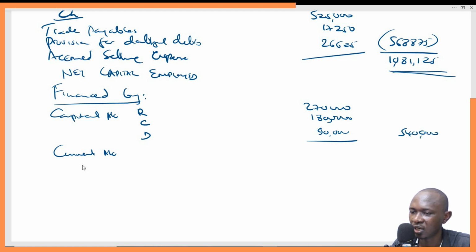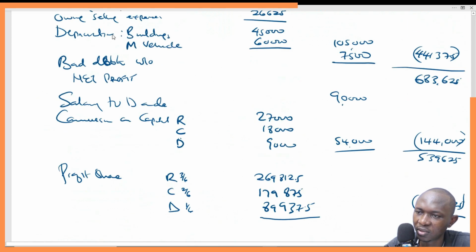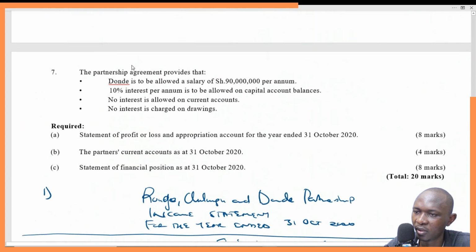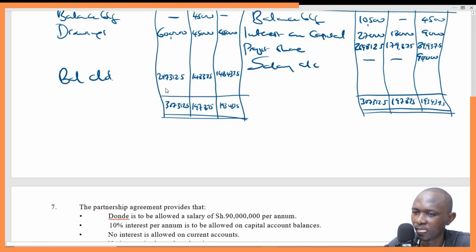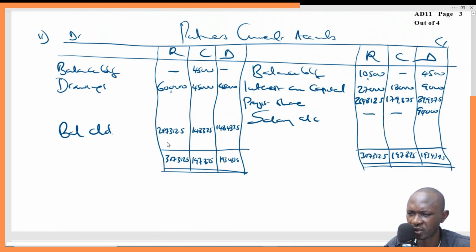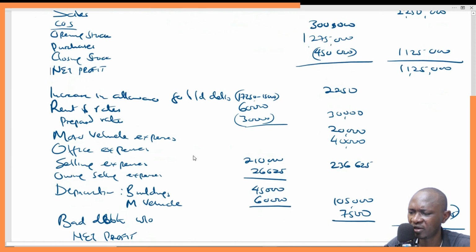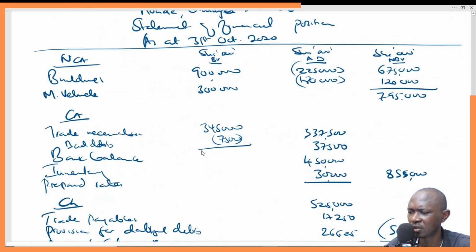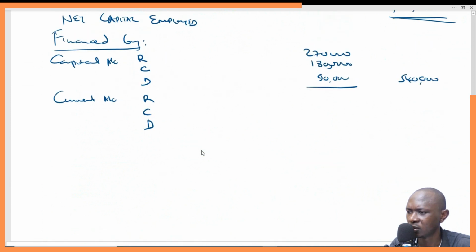Then for current accounts, we also have R, C, and D. So this is only picked from the current accounts. Remember, we have our balances here. Hope they are correct. So 247,312.5.